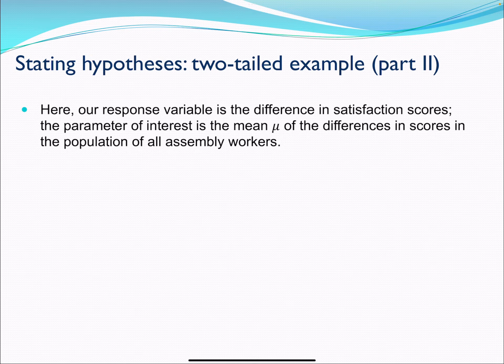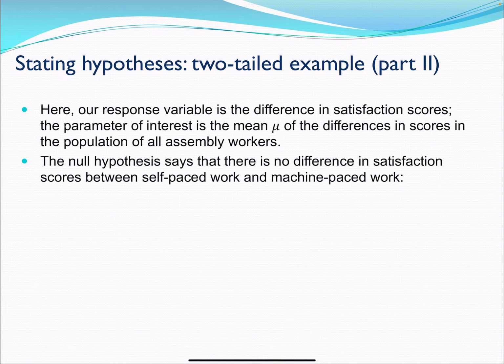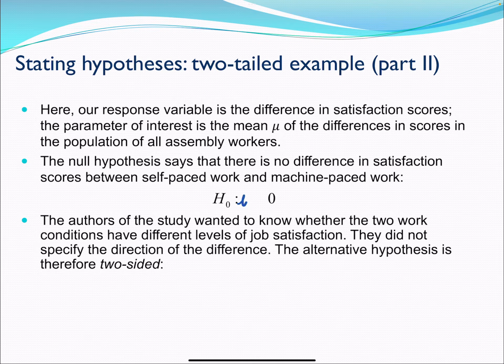So we need to set up some hypotheses, right? Our null hypothesis says that there's no difference in satisfaction scores between self-paced work and machine-paced work. No difference means if I subtract them, I'm going to get a difference of 0. So I'd have mean equals 0.